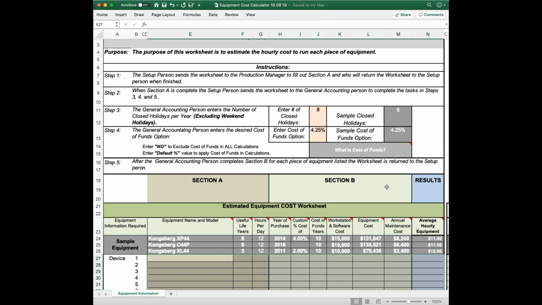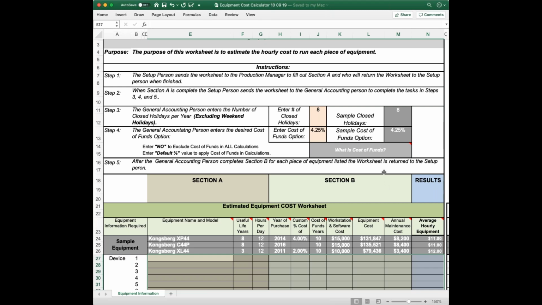Want to make sure that production person doesn't see anything that appears inappropriate or incorrect, so that they can make adjustments before any of the hourly rates are entered into control.